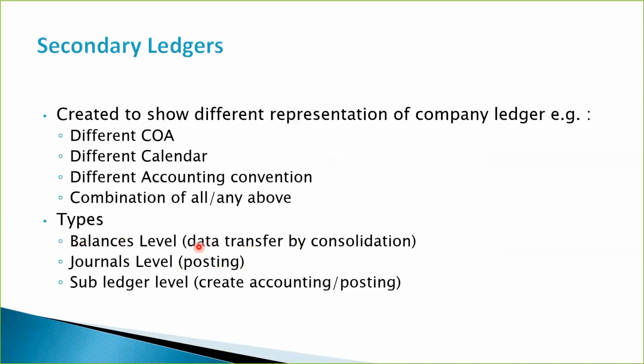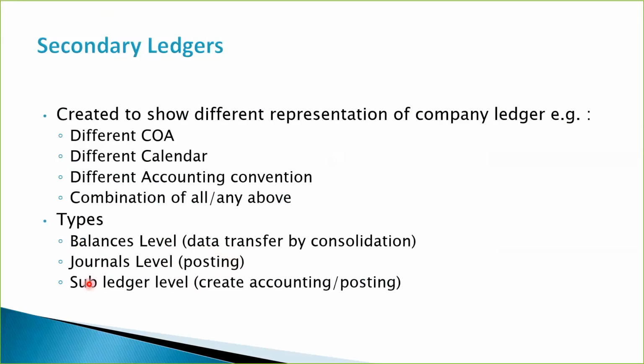So once you post a journal in your primary ledger, another journal is automatically created, a replication of the one that you just posted, in the journals level secondary ledger. As we will see, we can choose whether these journals are automatically posted or left unposted after the replication. And that's one of the differences between secondary ledgers and reporting currency ledgers.